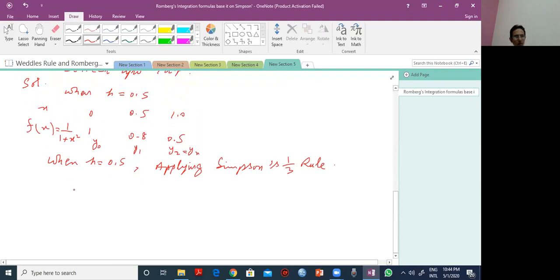Student, the Simpson 1/3 rule says that for the first integral, we write the name I1. When we consider h is 0.5, it is 1 over 3 of h. What is h? h is 0.5.